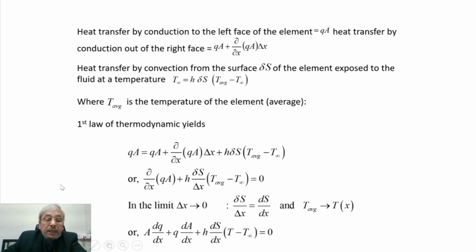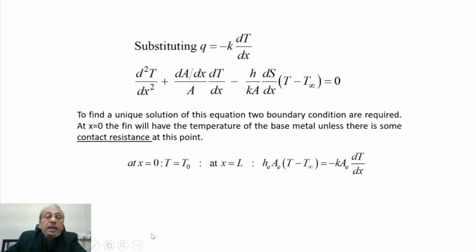Then we divide the entire equation by kA, and we get d²T/dx² plus (1/A)(dA/dx) dT/dx minus h/(kA) dS/dx into (T minus T infinity) equal to 0.